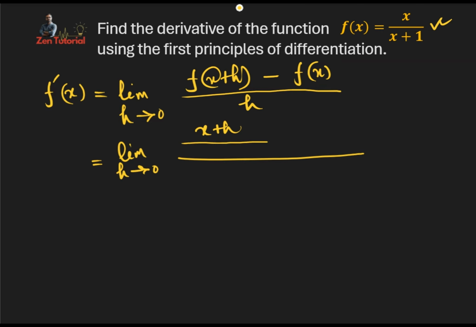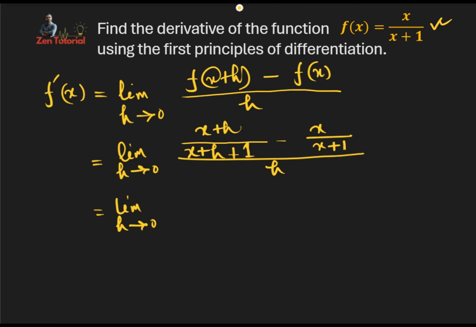That's why plug in instead of x will be x plus h over x plus h plus 1 minus x over x plus 1, over h.